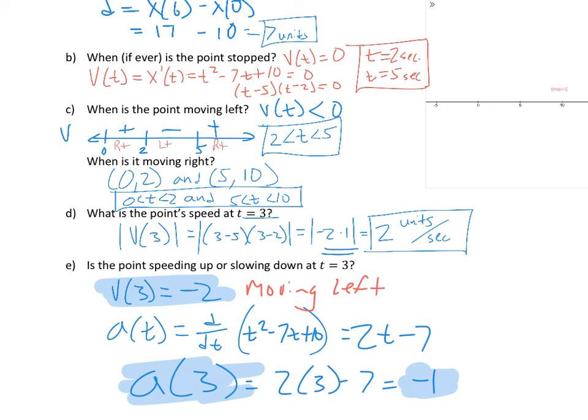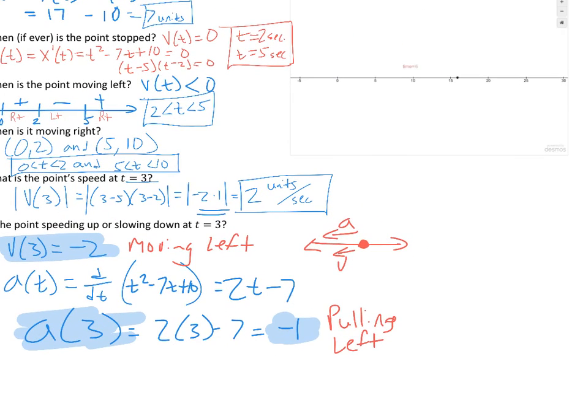And a negative acceleration means it's pulling, think of it like a tug of war, it's pulling to the left. So if you've got a point on the number line and it's moving left, the velocity is going left, and the acceleration is going left, well, the acceleration is pulling it, and it's already moving that way, so it's being pulled in the direction. So this is going to be speeding up.